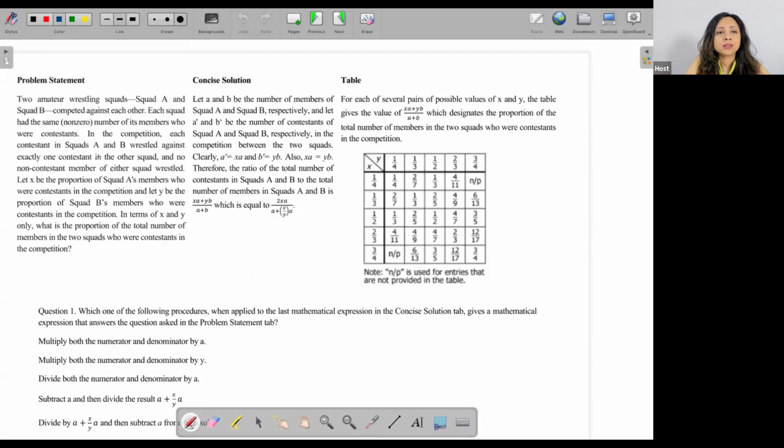All right. So then, let's look at the data given in the first tab. So 2 amateur wrestling squads, squad A and squad B, competed against each other. Each squad had the same number of its members who were contestants. So, immediately when I see that there is this one group and there is this second group, it is natural that I would end up making these circles.